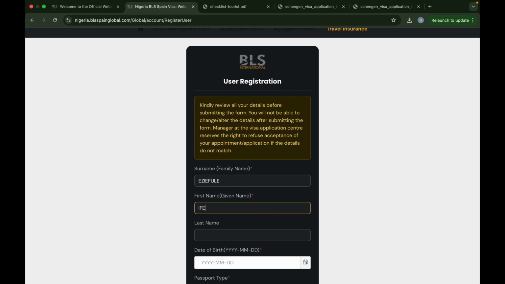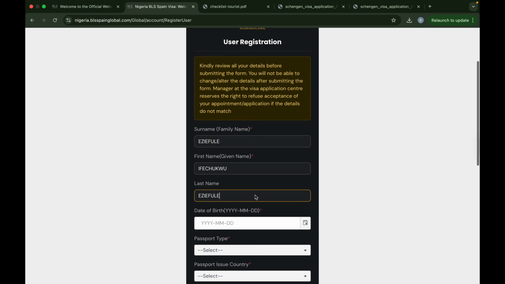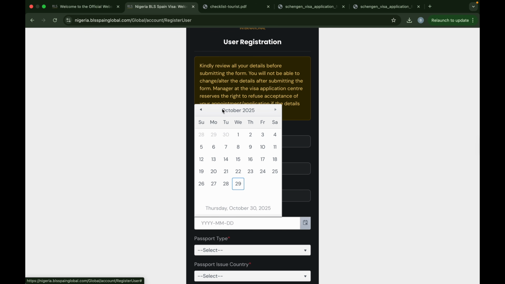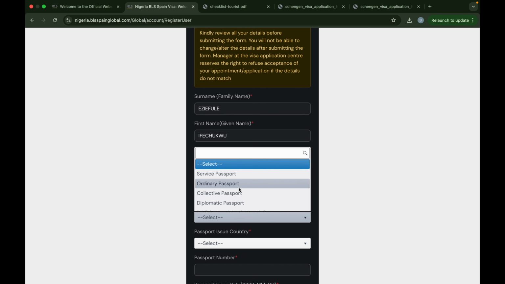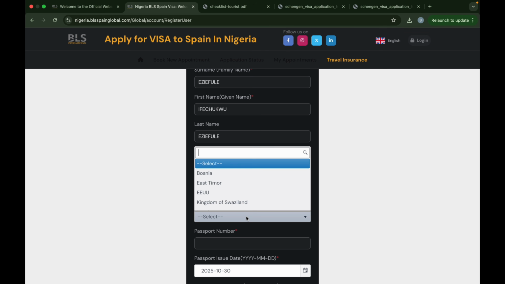In this case, put your date of birth. So I had selected sometime in 1998, so let's just be consistent for the purpose of this application. June 20, 1998. Passport type is ordinary passport. Issuing country is Nigeria.